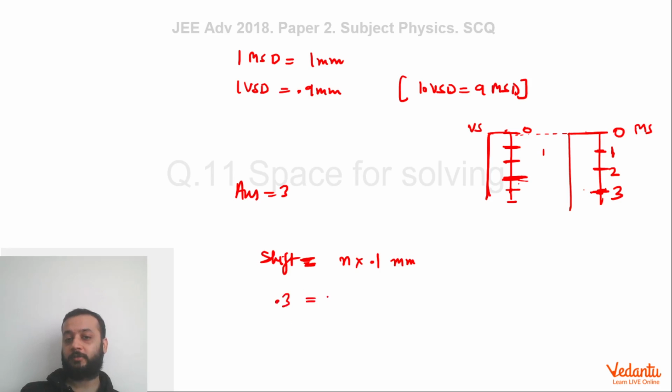Shift is 0.3 equals n into 0.1. So n is 3. So we can say that the third reading is going to coincide.